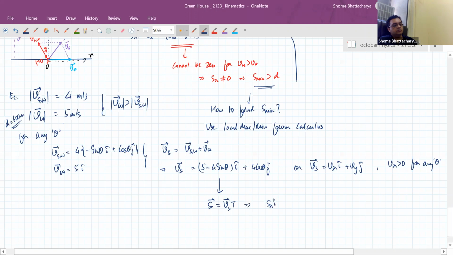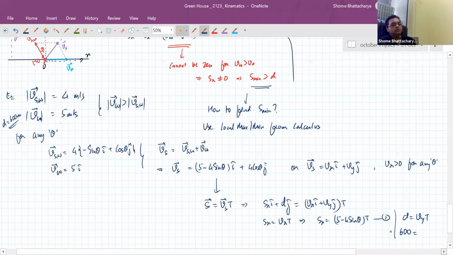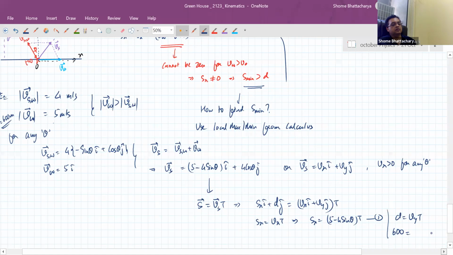And the second equation is D is equal to Vy into T. So we have 600 meters is equal to Vy, which was 4 cos theta into T. This is our second equation.